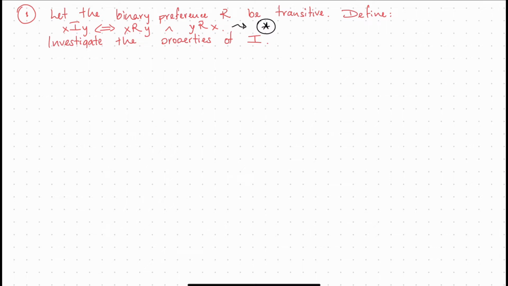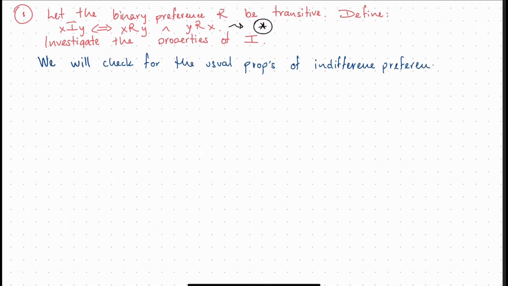So we will check the usual suspects, the usual properties of the indifference preference I, which is reflexive, symmetric, and transitive. Okay, first claim.